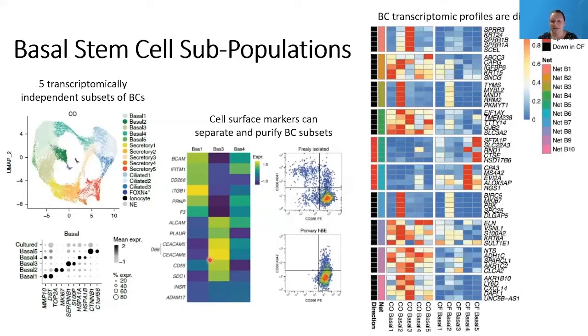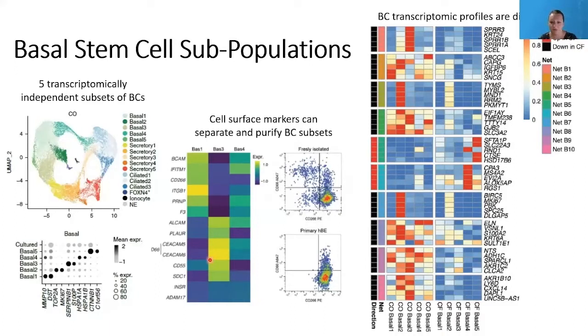However, one thing that was interesting in this study was that they compared cystic fibrosis patient-derived basal cells to non-CF patient-derived basal cells. And there is actually a significant difference in genes that are expressed in the different populations between CF and non-CF.